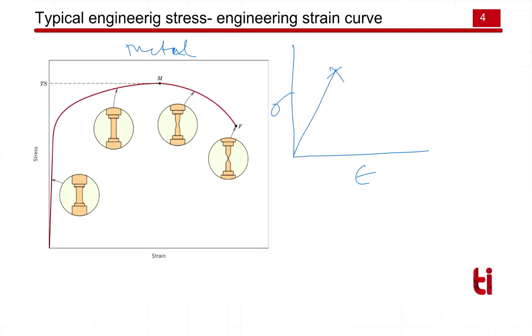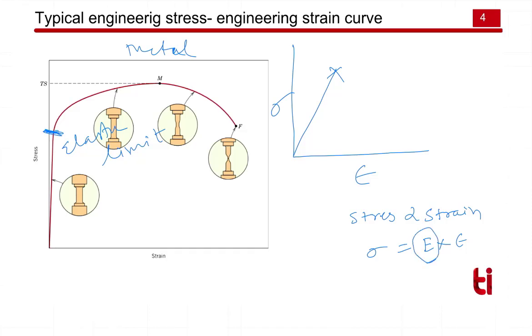Initially, as you apply the load or stress, it elongates up to a certain range. This we call the elastic limit, where the stress is proportional to the strain. You have already studied this previously. The stress is proportional to strain, and this is multiplied by the modulus.